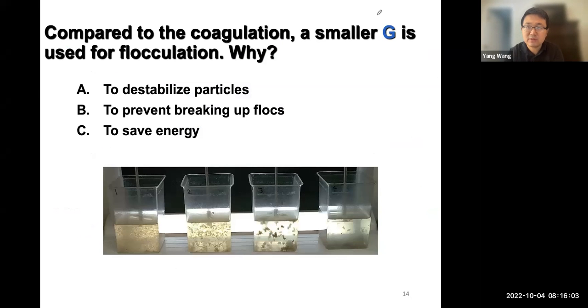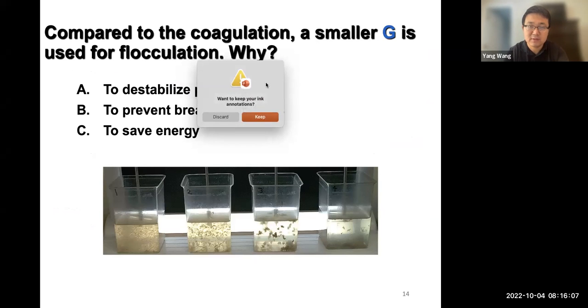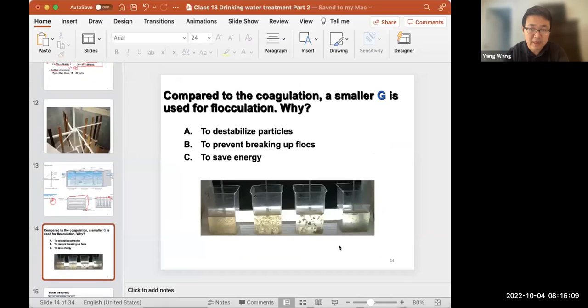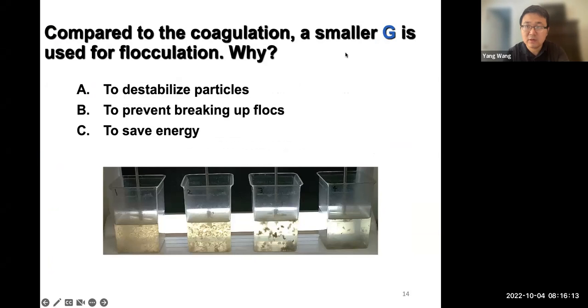So here, this is a short question, or we'll say a short quiz. But since we're having this class in a recorded session, maybe you can just quickly go through this, right? Compared to coagulation, a smaller G, or velocity gradient, is used for flocculation. Why is that?